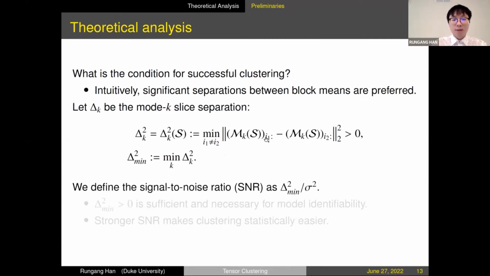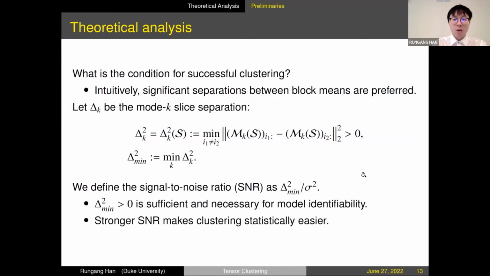And we define the signal-to-noise ratio as delta squared over sigma squared, where sigma is the sub-Gaussian norm. Here I want to make two remarks. Firstly, we really need delta squared to be greater than 0, as it's a sufficient and necessary condition for model identifiability. Also, we can expect that a stronger SNR will make the clustering statistically easier.